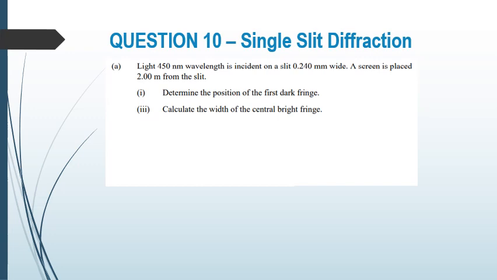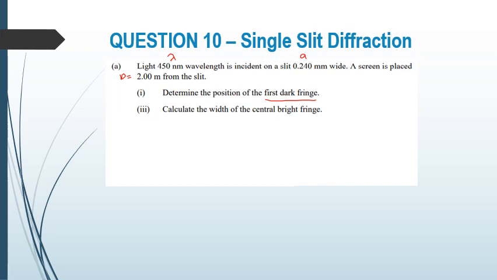So how are we going to solve these questions? If you go through the question again, you will see that you are given lambda equal to 450 nanometer, the slit width a equal to 0.24 mm, and capital D equal to 2 meter, which is the distance between the screen and the single slit. So question 1. Determine the position of the first dark fringe. When it comes to single slit diffraction, you have to be careful with the order numbers. In double slit interference, the first dark fringe represents zero order dark.